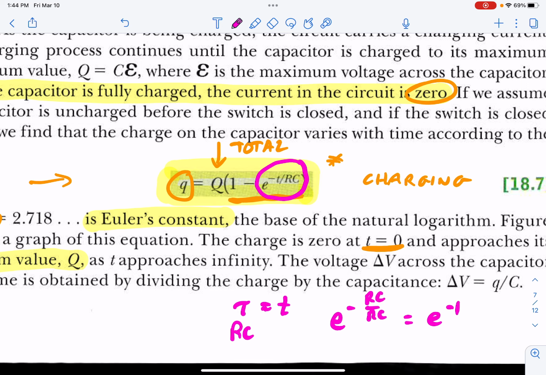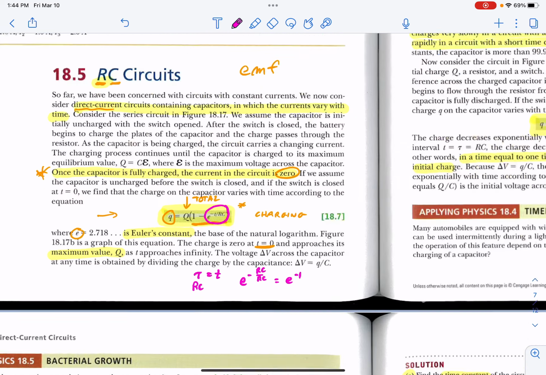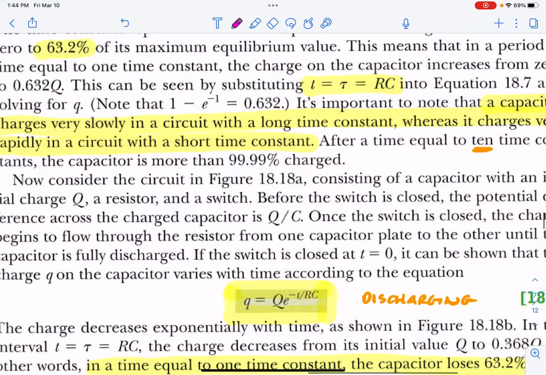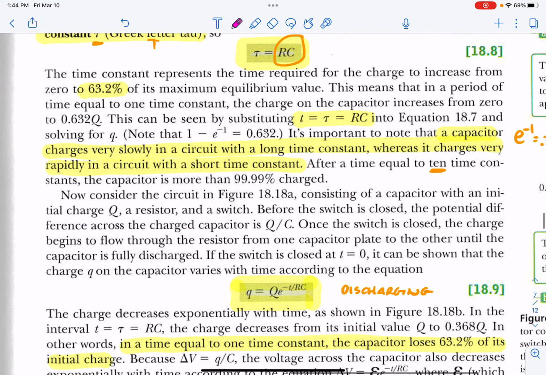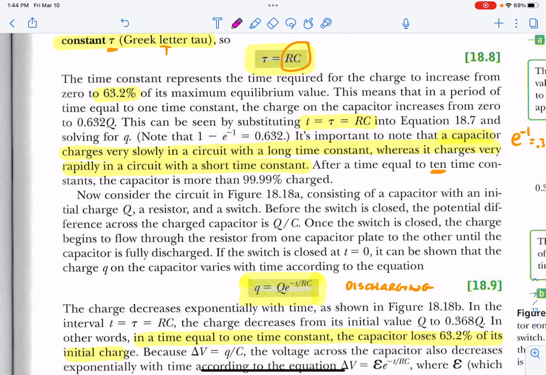And e to the negative 1, come back over here, is this value right there, 0.632.